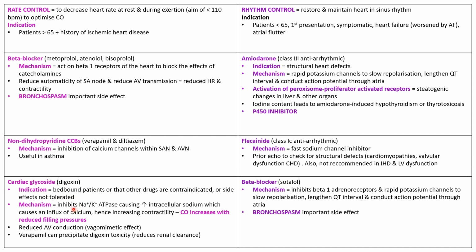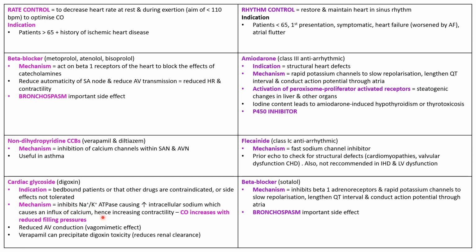And then we also have a medication called digoxin, which is a cardiac glycoside, and that's typically used in bedbound patients where other drugs are contraindicated or the side effects aren't tolerated. And digoxin essentially requires a lot of close monitoring, because it has quite a narrow therapeutic range, so it can quickly become quite toxic, which we don't want.